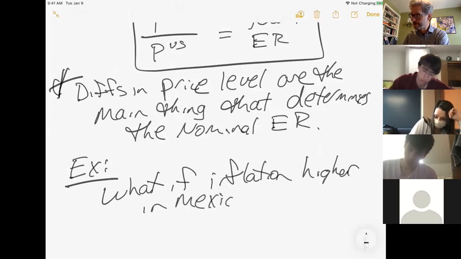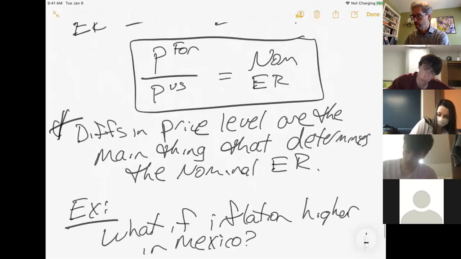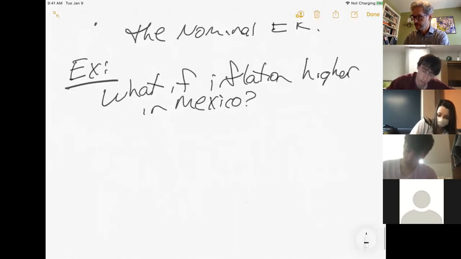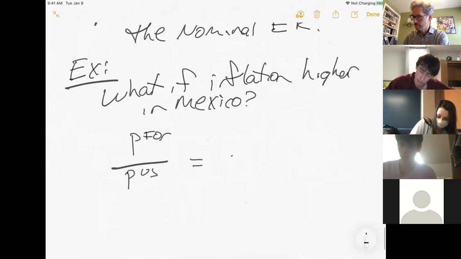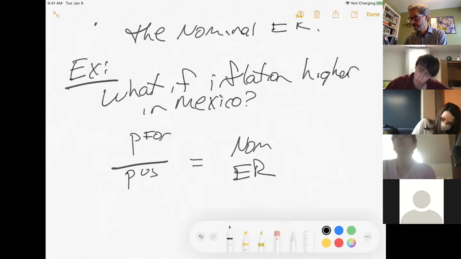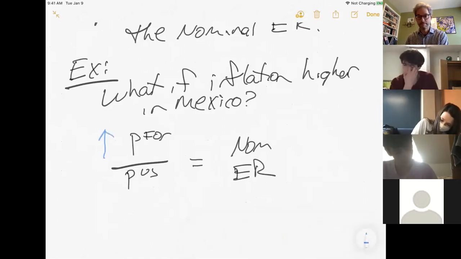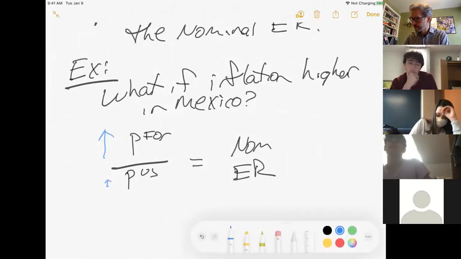So what happens if inflation's higher in Mexico? Well, use this formula. If inflation's higher in Mexico than it is in the US, what's going to happen to this ratio? Prices are going to go up a lot in Mexico and a little bit in the US.